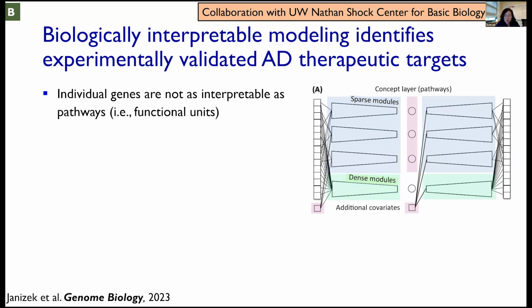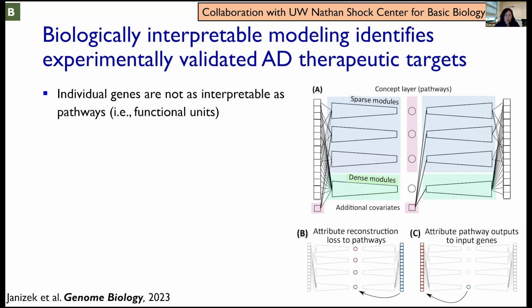It's a set of genes again that are involved in the same biological processes. We use Reactome, BioCarta, and KEGG. We also developed principled ways based on SHAP to compute attributions to these pathways, and from each pathway to individual genes as well.